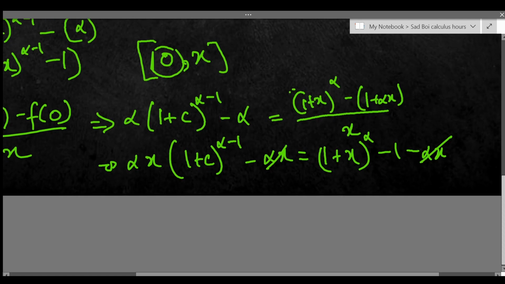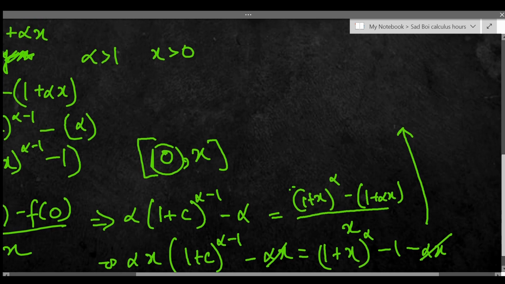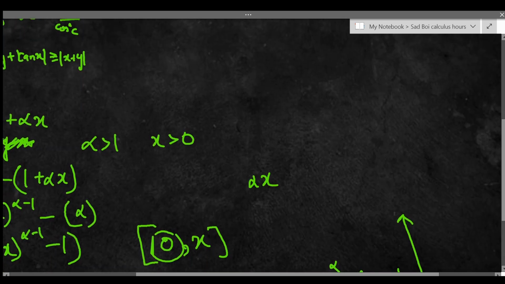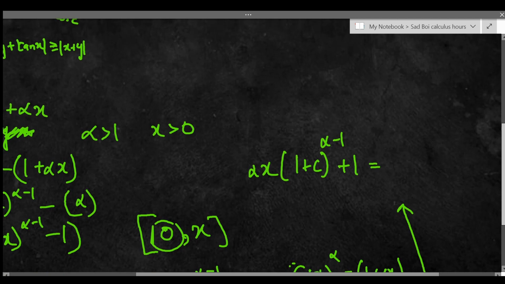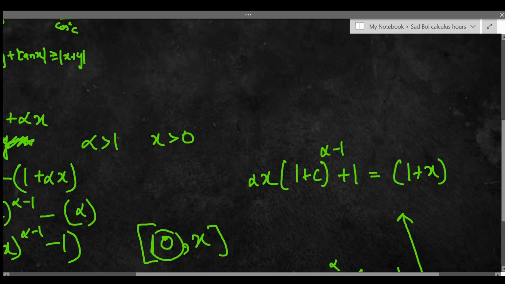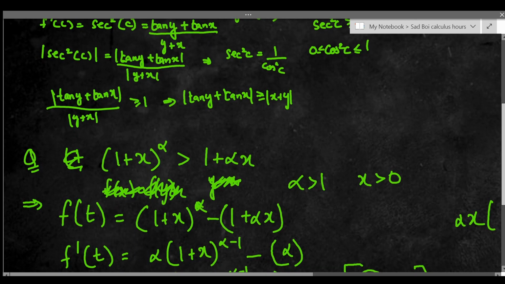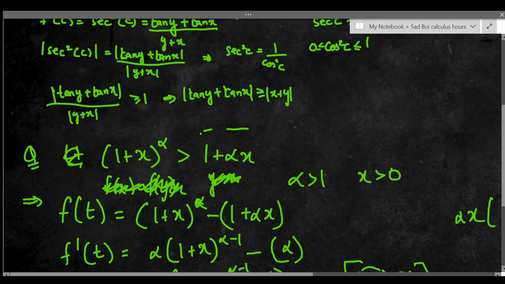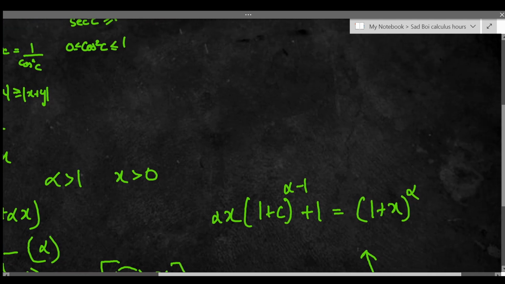Now what you have is alpha x times (1 plus c)^(alpha minus 1) plus 1 is equal to (1 plus x)^alpha. Okay, so now you can see that this is forming much more like this, except for the fact that the right side has (1 plus c) to the power alpha minus 1.